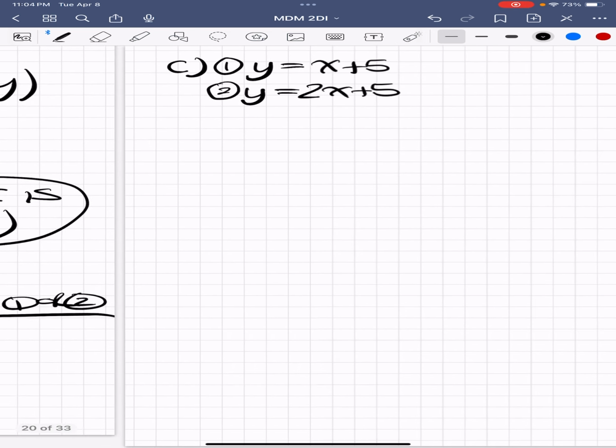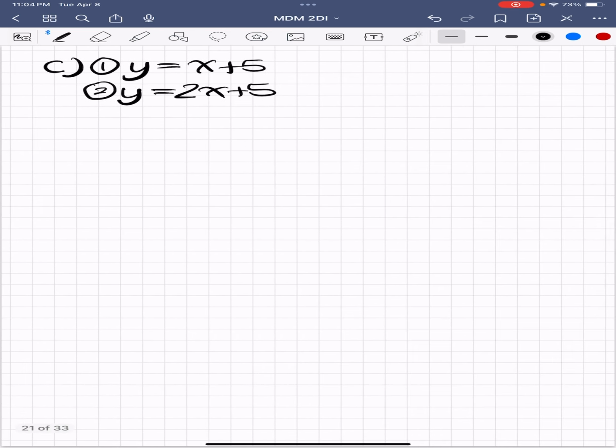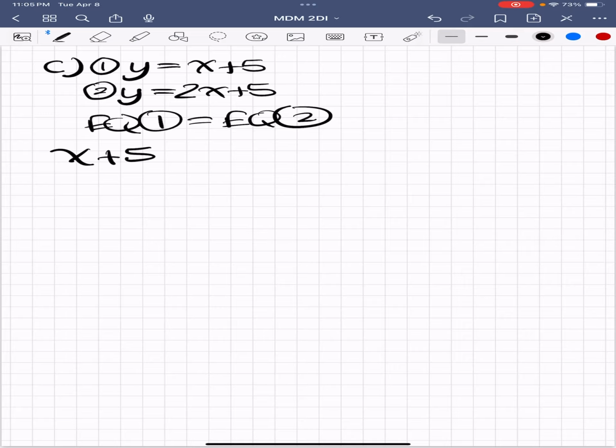Moving on. So we have 2 equations, and so we have equation 1 equals equation 2, and then we have x plus 5 equals 2x plus 5.